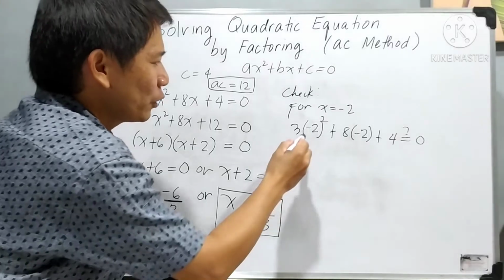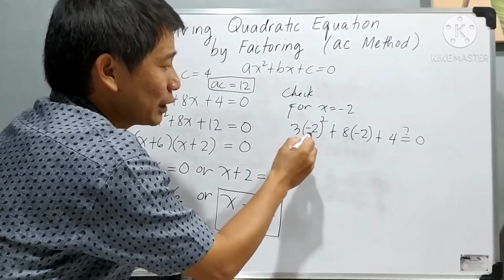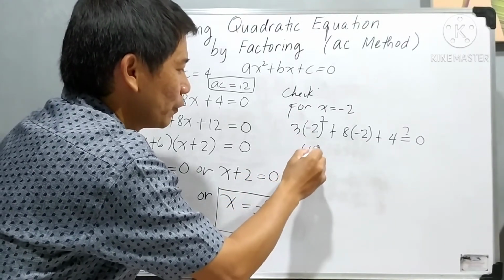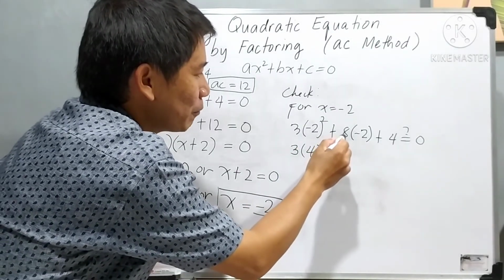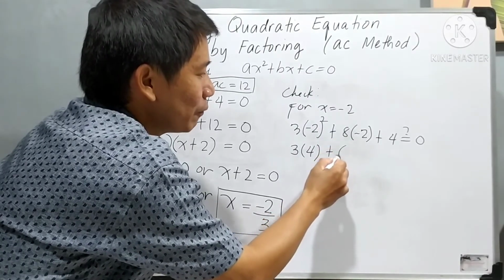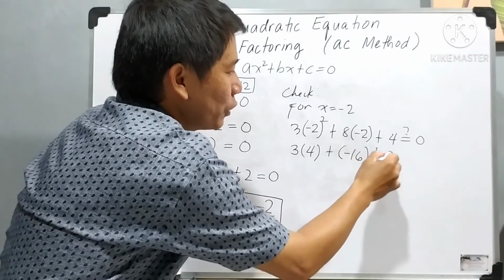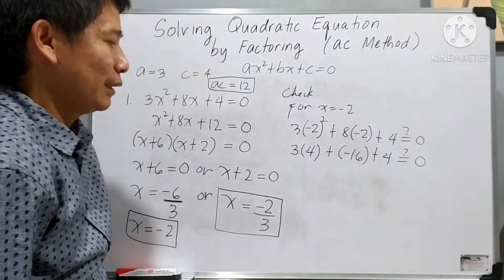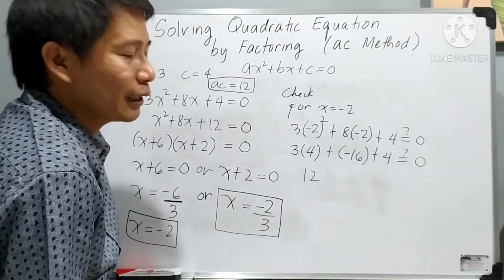Let us see. So what is negative 2 square? Negative 2 square is positive 4. That's negative 2 times negative 2. So positive 4 times 3, right? And then we have here positive 8 times negative 2, that is negative 16. Okay? Plus 4, is that equal to 0? Let's see. So 3 times 4 is 12. Right?